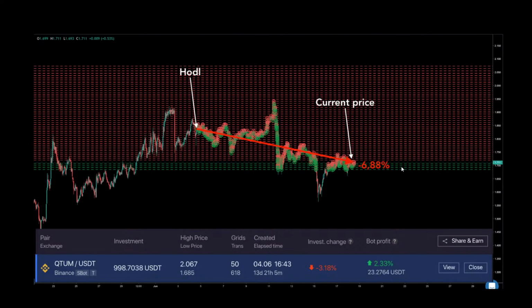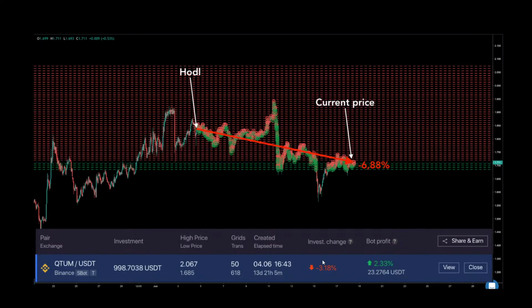But in an alternative scenario where otherwise you would launch the Bitsgap bot, like you see here below, on this downfall, the bot would generate some returns, and here exactly that's $23. That this return will offset the overall negative impact. So that's why you end up having a loss of only minus 3%.